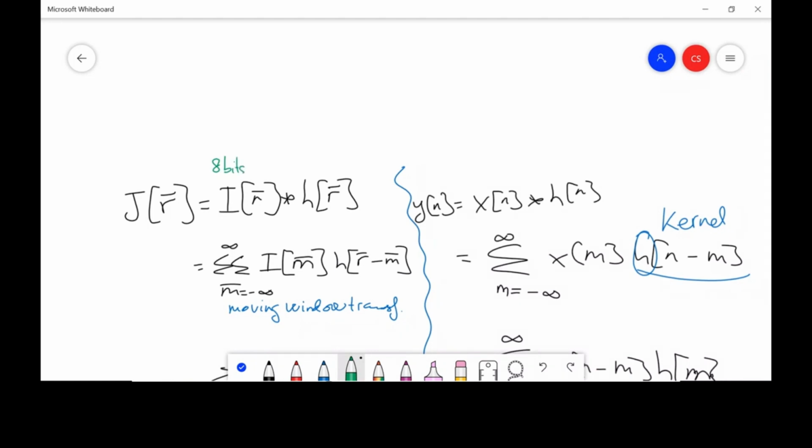We represent our gray images or our channels with 8 bits. And this one also has 8 bits. In general, the convolution, how many bits do I need to store it? 8 bits or something different?